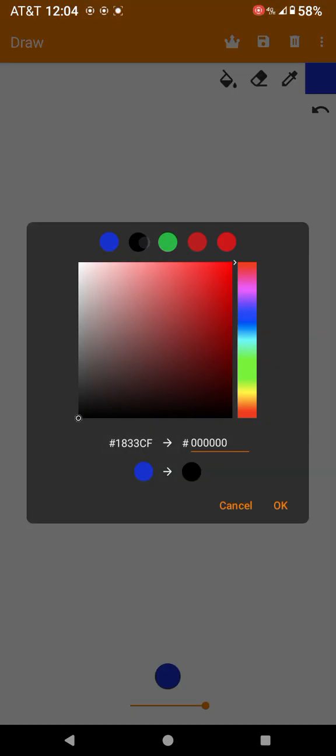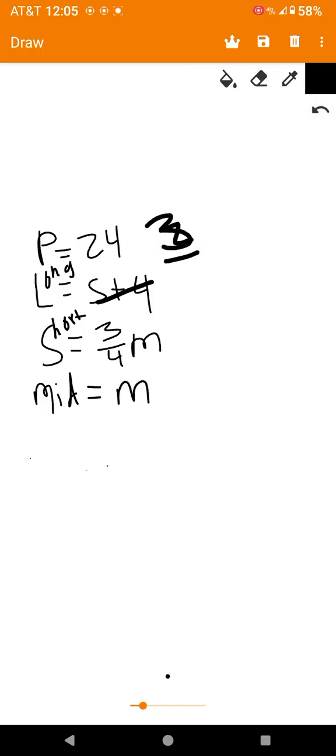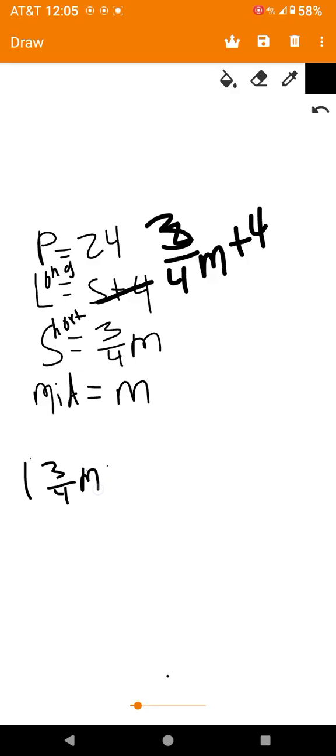It'll make it easier. We can't do it the other way, but it'll make it easier this way. So we have s plus 4, and we know that s is also 3/4 of m. So we can replace s with 3/4 m and still add 4 to it.